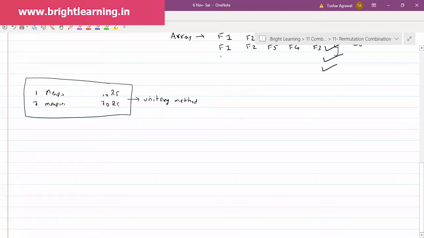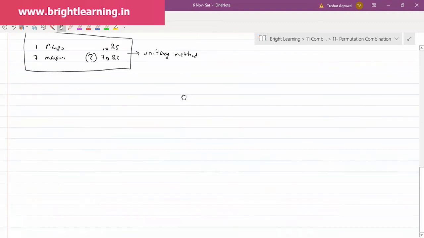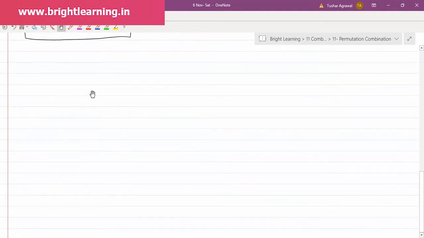In the whole chapter of permutation and combination, we will be sticking to this unitary method only. 1 mango 10 rupees, 7 mangoes how much? I will not extend my knowledge beyond 7th standard, because this complete chapter is a chapter of logic only. So what is the fundamental principle of counting? Before giving you the formal definition, there are two principles: the principle of multiplication and the principle of addition.